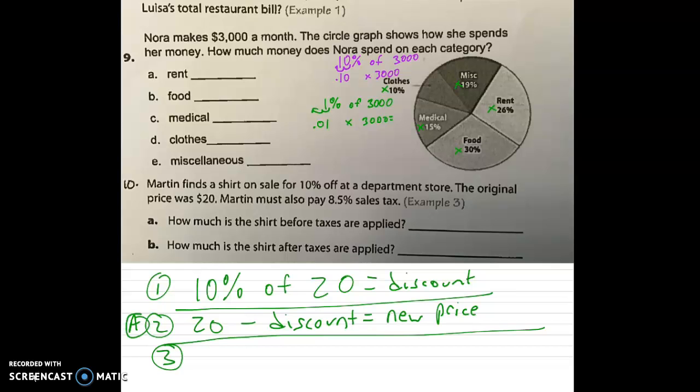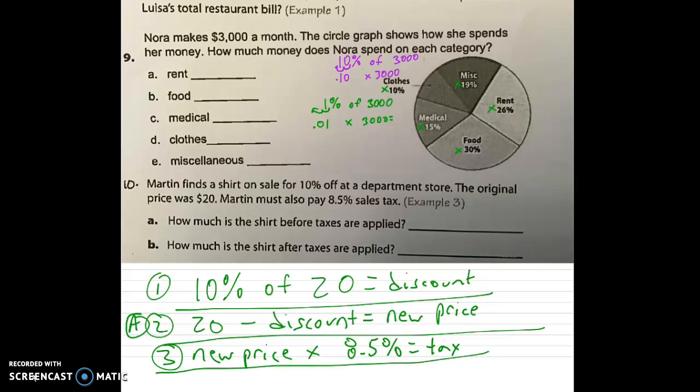And then B, how much is the shirt after taxes? So you would have to do the new price times 8.5%. That would give you the tax. This is a good problem.